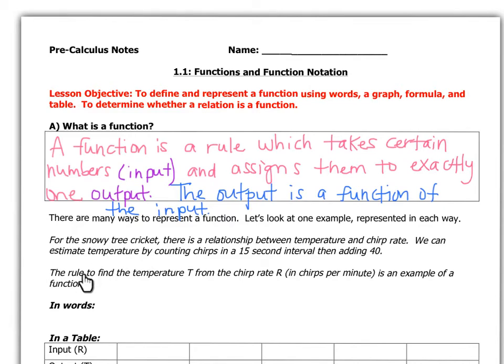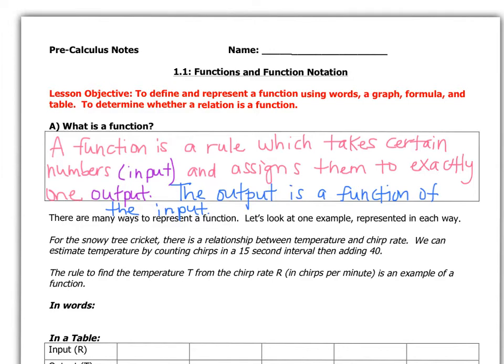But anyway, for the snowy tree cricket, there is a relationship between the temperature and the cricket's chirp rate. It says we can estimate temperature by counting chirps in a 15-second interval, then adding 40. So that information right there is a rule which we can then write as a function.